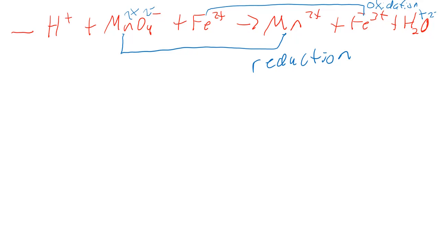So we're going to split up our reactions. And we're going to write the reduction and the oxidation reaction. So if we take our oxidation reaction, we have iron 2 positive gives us iron 3 positive, and we lost 1 electron.